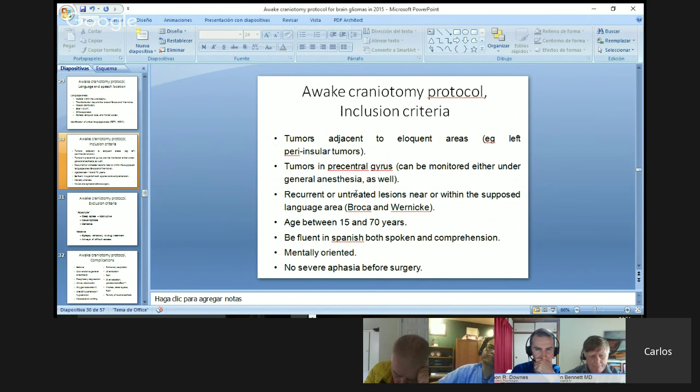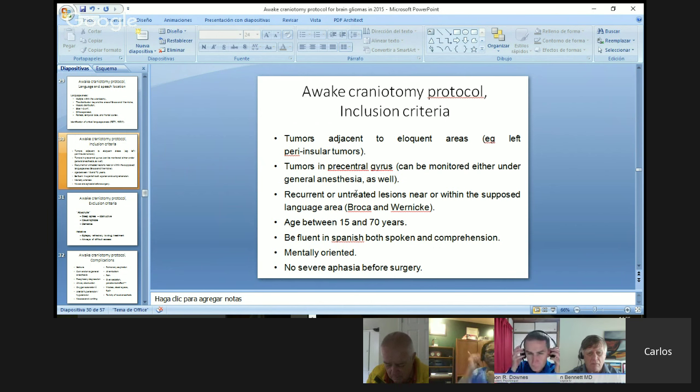What are the indications, the selection criteria, for patients who will undergo awake craniotomy? Patients with tumors adjacent to eloquent areas, for example left peri-insular tumors. Patients with tumors in the precentral gyrus can be monitored under anesthesia as well. Patients with recurrent or untreated lesions near or within the supposed language area, maybe in Broca or Wernicke areas.